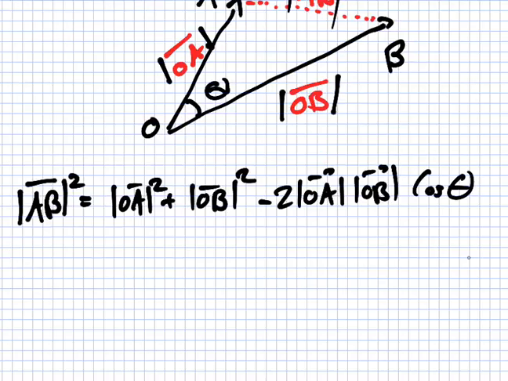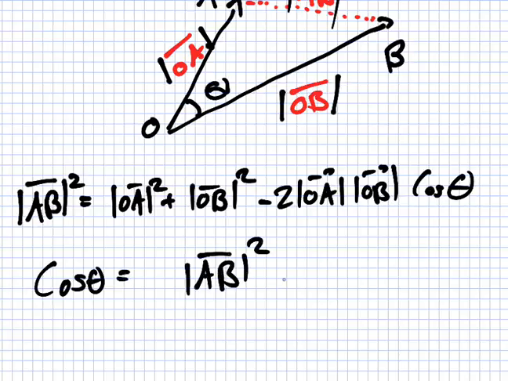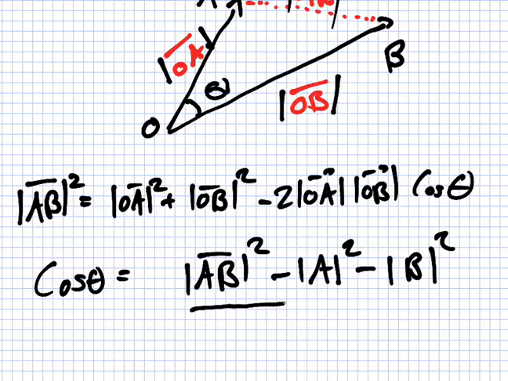So that's good. It gives us a way to calculate the theta. If I rearrange this, I can get cos theta equals AB squared minus A squared minus B squared all over minus 2AB.